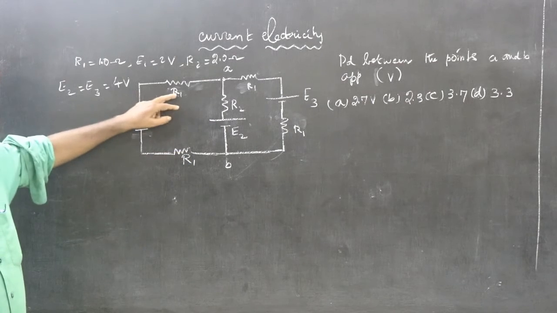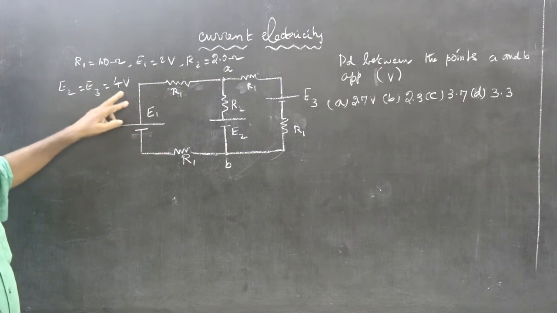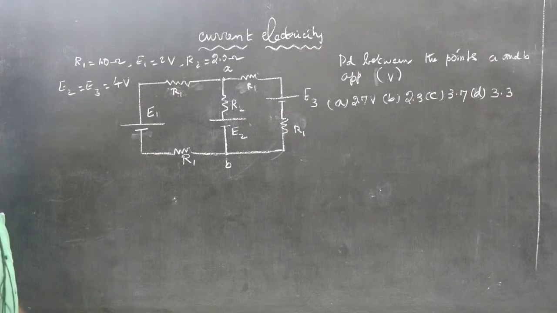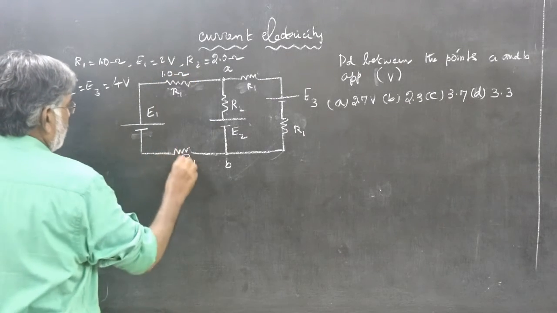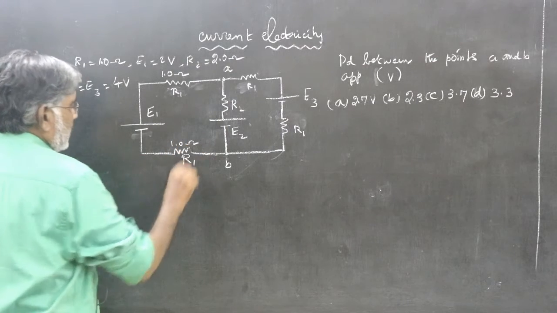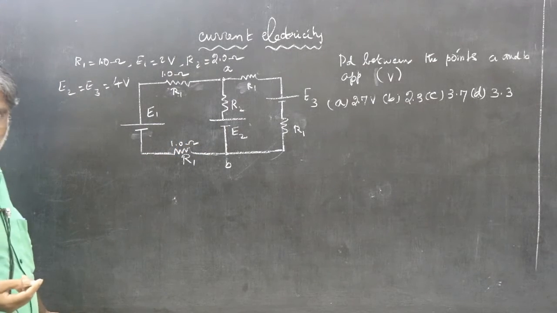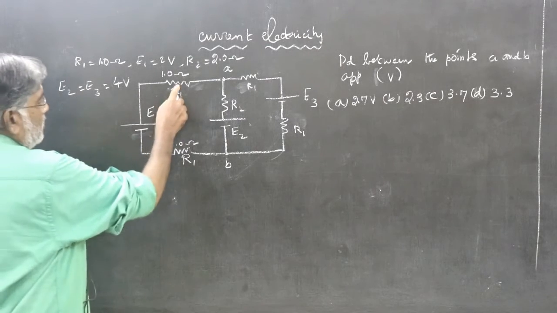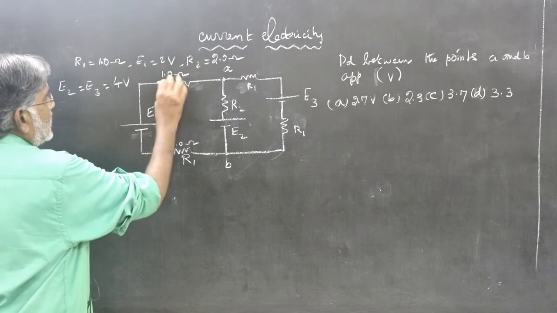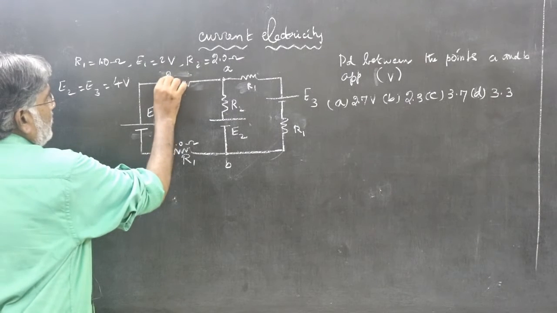In this branch, they are in series. So either you can keep them as 1 ohm and 1 ohm, or just for convenience sake, so that you may not do any mistakes, you just put both resistance as one resistance and take the resistance as 2 ohm.